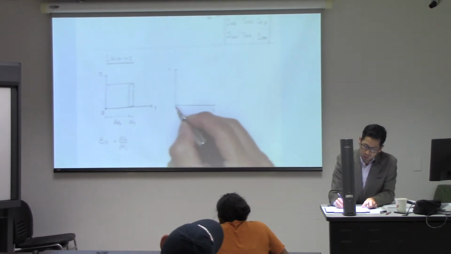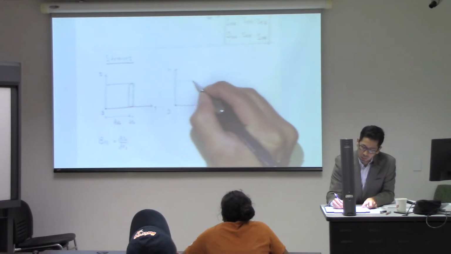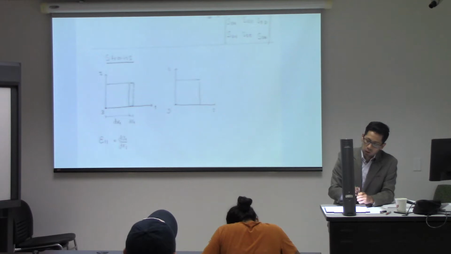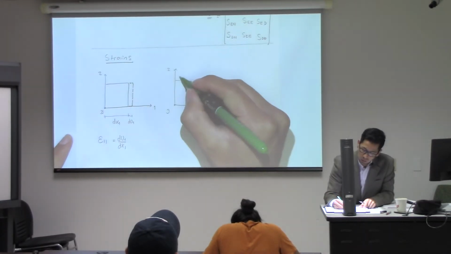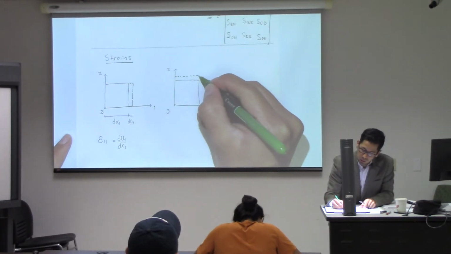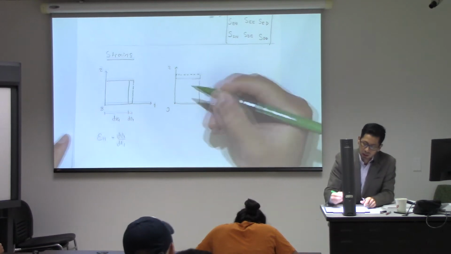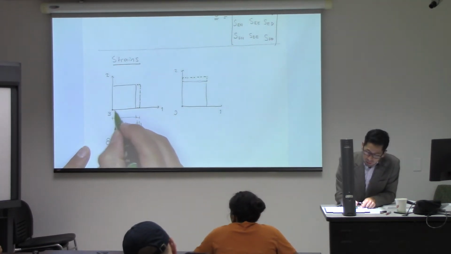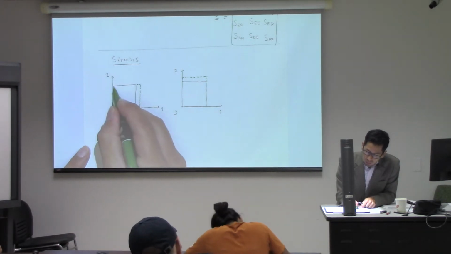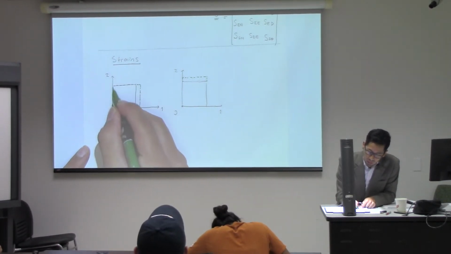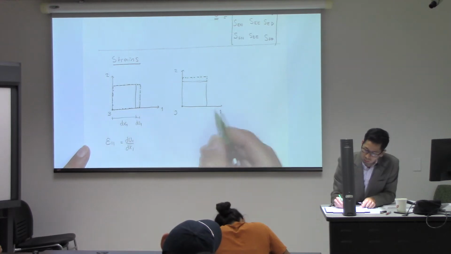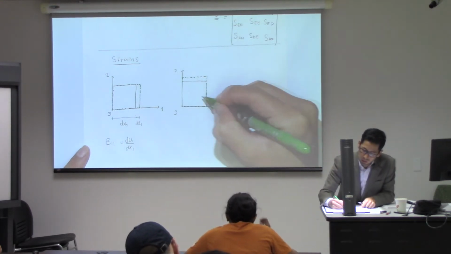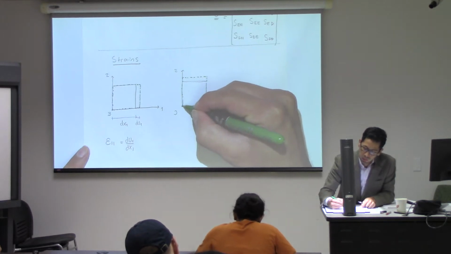In the same way, for example, if you had the same thing here, but now you pull only in direction number 2, the new shape looks like this. Let me make clear that this one remains attached to the bottom face.